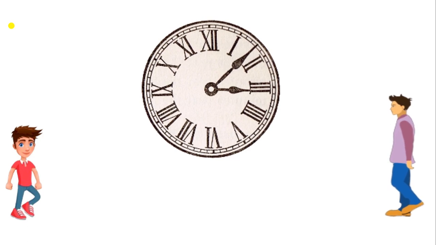Rahul, see, this is a clock like we saw before. In it there are Roman numerals. Yes, sir. But sir, how can we recognize the time? We have to know all the symbols used in the clock.